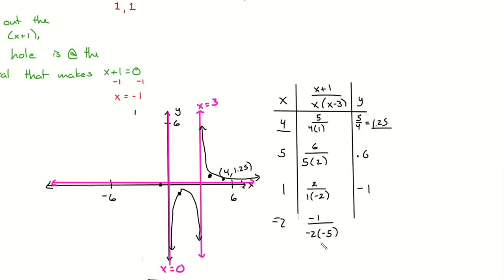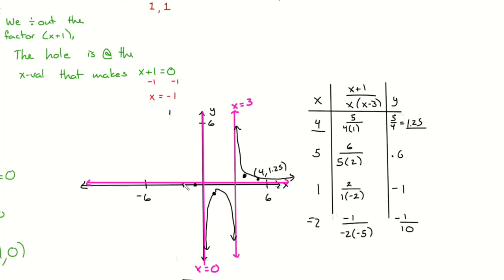What does this come out to be? -1 over what? -1/10. What we just found was that at -2, is my point going to be above the x-axis or below it? Barely below, right? -1/10.